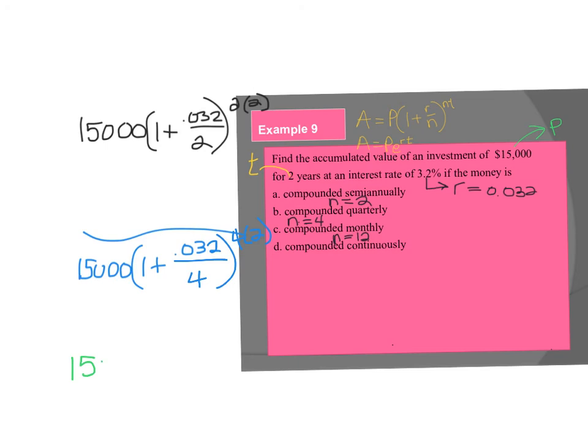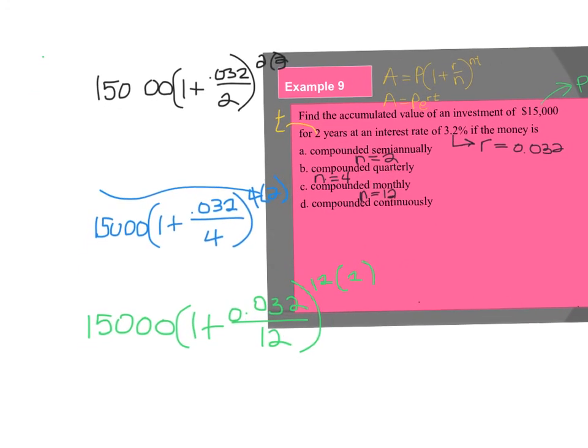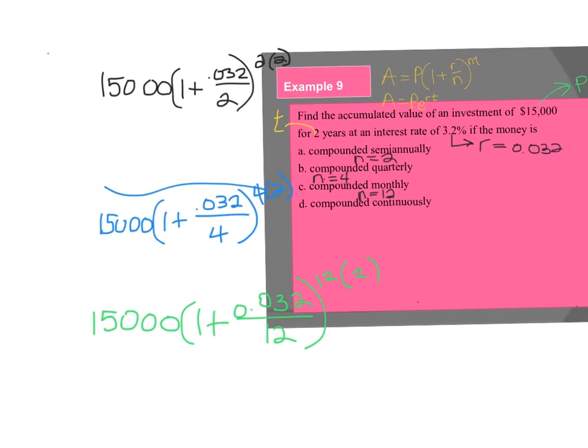And then 15,000, 1 plus 0.032 over, this time it's 12, 12 times 2. And then the last one is 15,000 times e to the 0.032 times 2. And then let the calculator do the work.